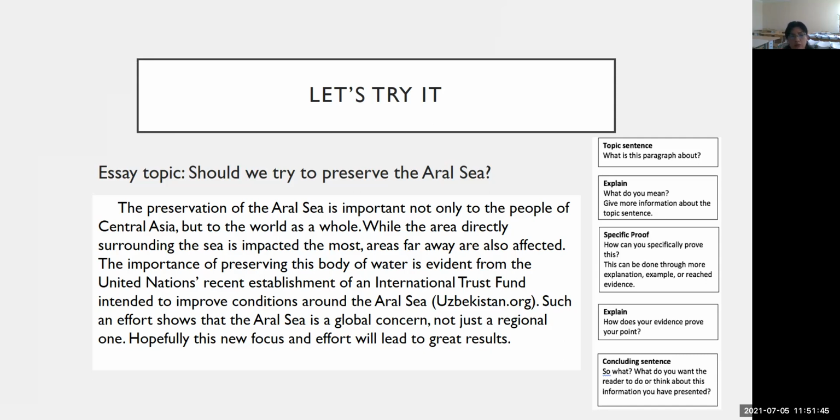While the area directly surrounding the sea is impacted the most, areas far away are also affected. The importance of preserving this body of water is evident from the United Nations' recent establishment of an international trust fund intended to improve conditions around the Aral Sea. Such an effort shows that the Aral Sea is a global concern, not just a regional one. Hopefully, this new focus and effort will lead to great results.